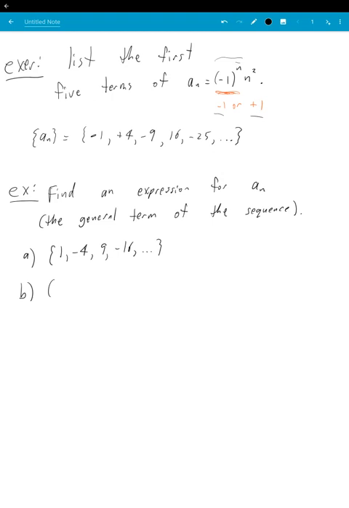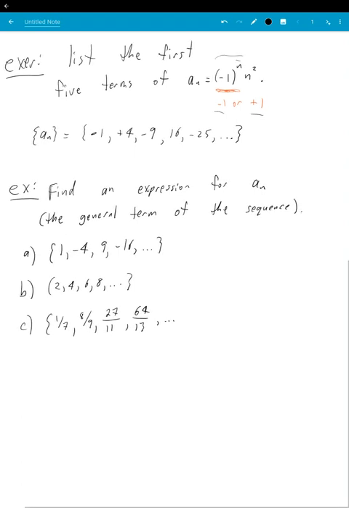B: 2, 4, 6, 8. C: 1 over 7, 8 over 9, 27 over 11, 64 over 13, dot dot dot. Okay, an assumption here.